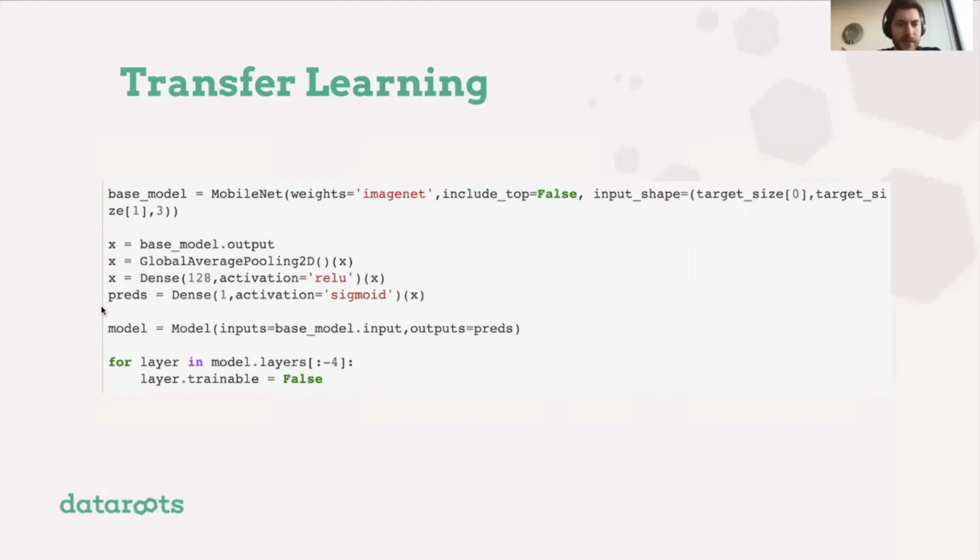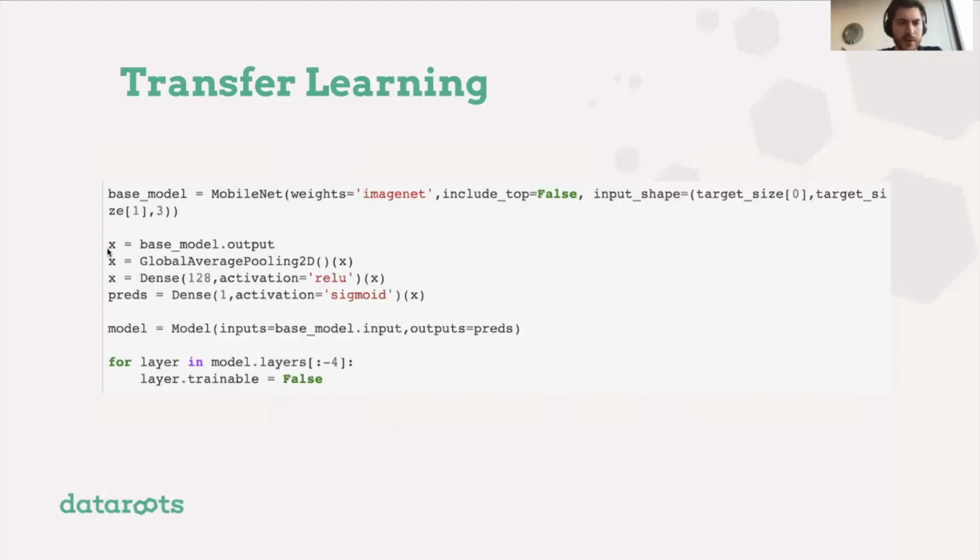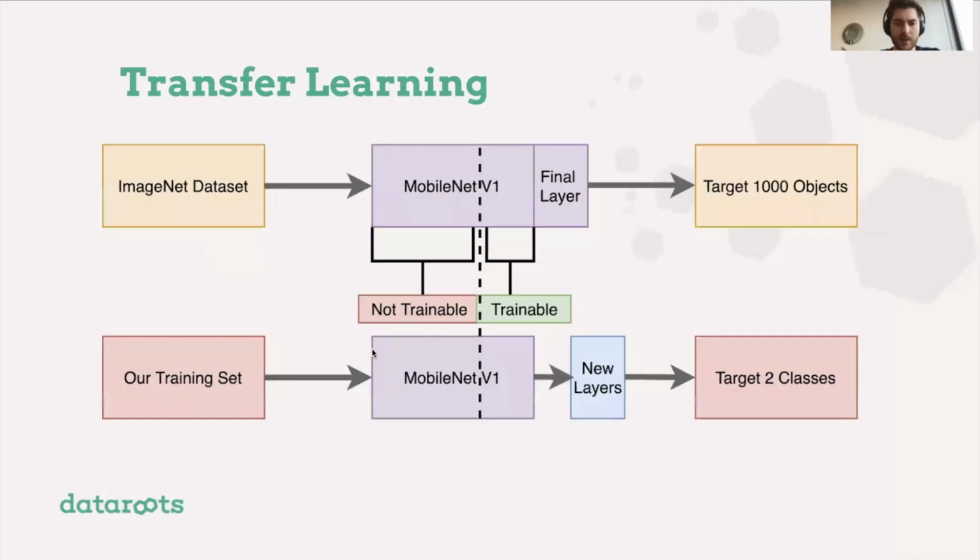And in this step, we are defining the workflow of this transfer learning. So we are defining these steps. And more concretely, the first step is the MobileNet, the pre-trained MobileNet base model output. It's this entire block.